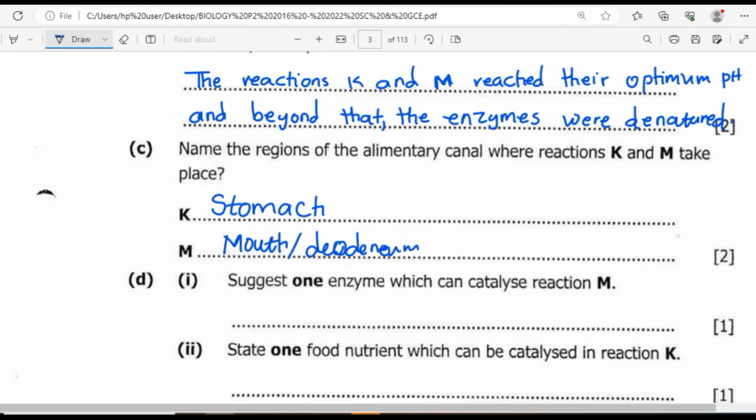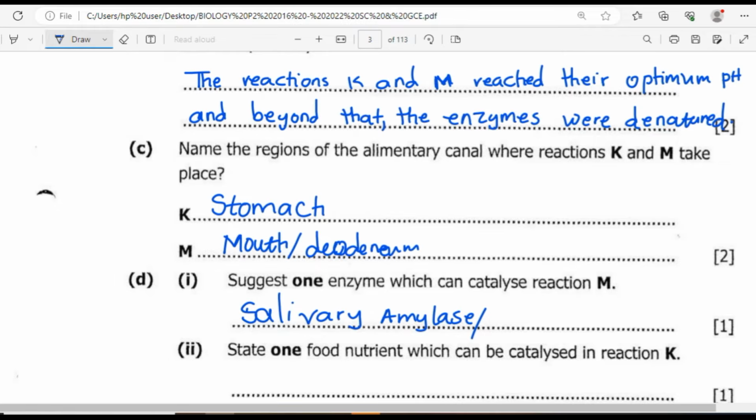Then D1, suggest one enzyme which catalyzes reaction M. So M, we are saying it's where the basic is. So this can be salivary amylase, if you choose the answer to be mouth.